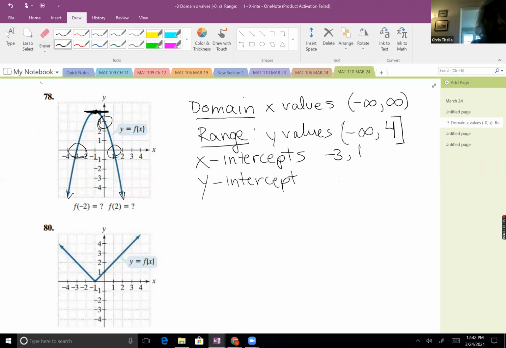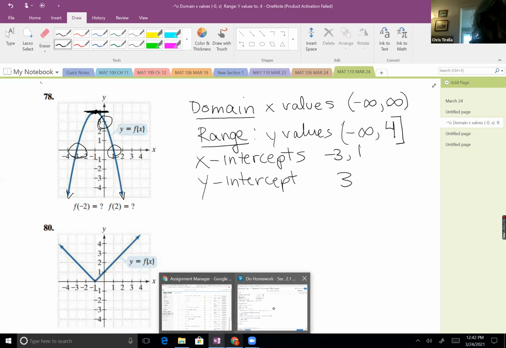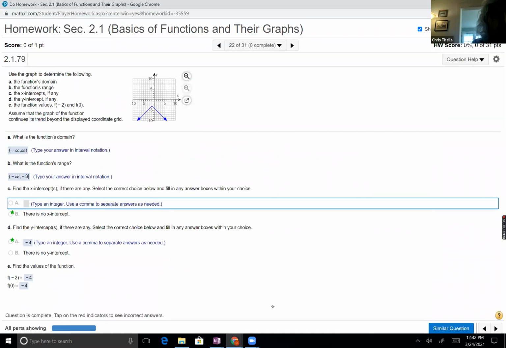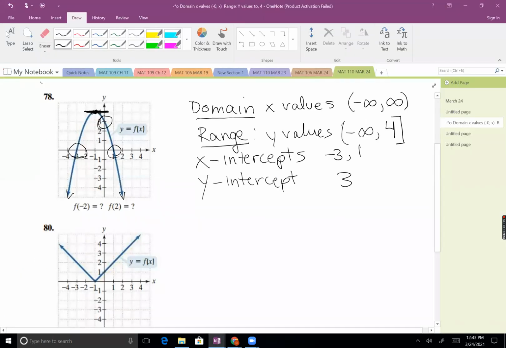It crosses the y-axis at 3. They are not asking for them as points. They're asking for them as single values. Use a comma to separate answers as needed. So since there's 2 of them, you'll put a comma in between them. No parentheses.